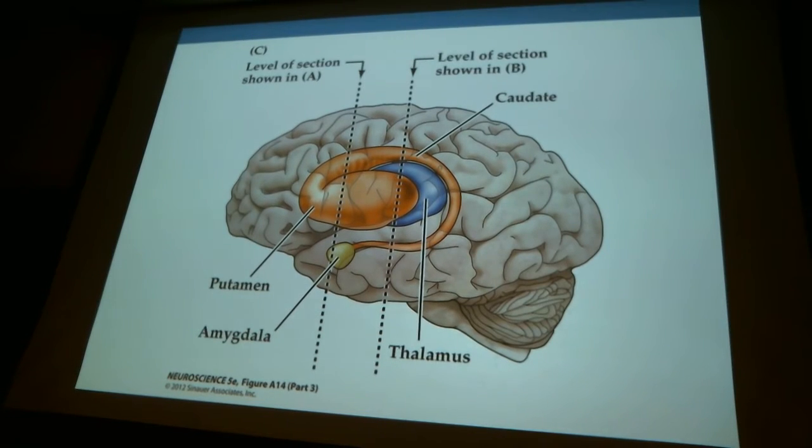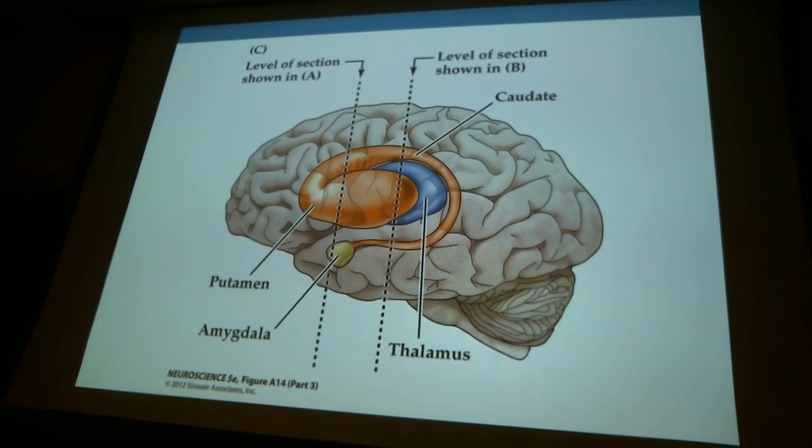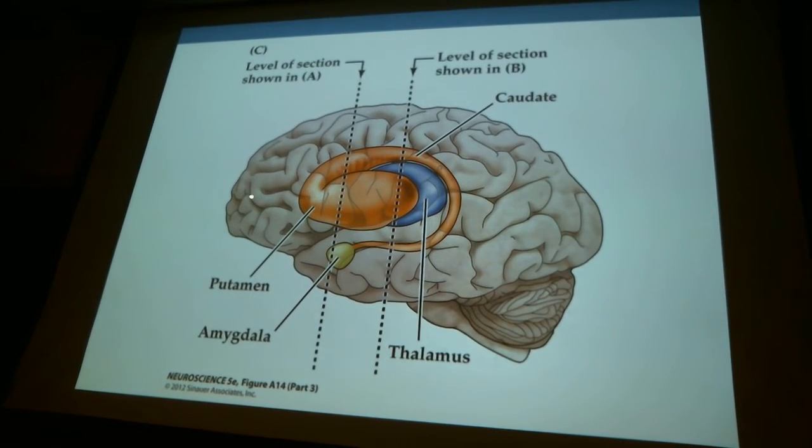Okay, so you all remember this? You probably hated this in the first lecture, and here it is again. This is a see-through lateral view of the brain, and this is the basal ganglia, this odd tadpole-shaped thing. In the yellow is the basal ganglia, and what you can see in this lateral view is the putamen and the caudate.